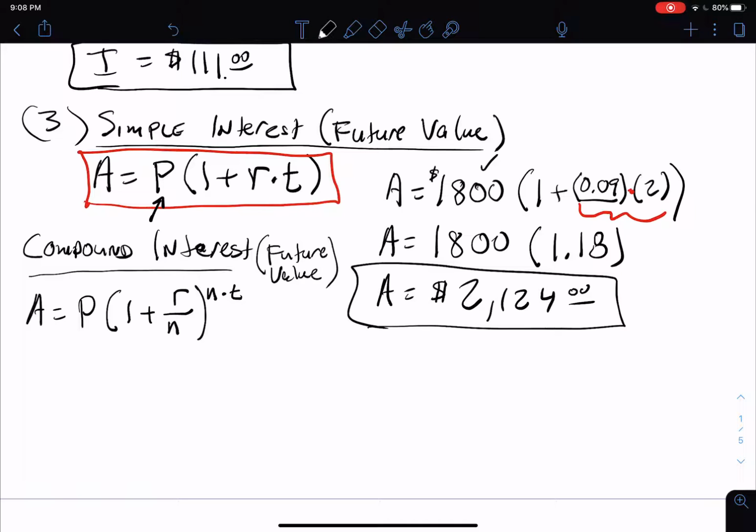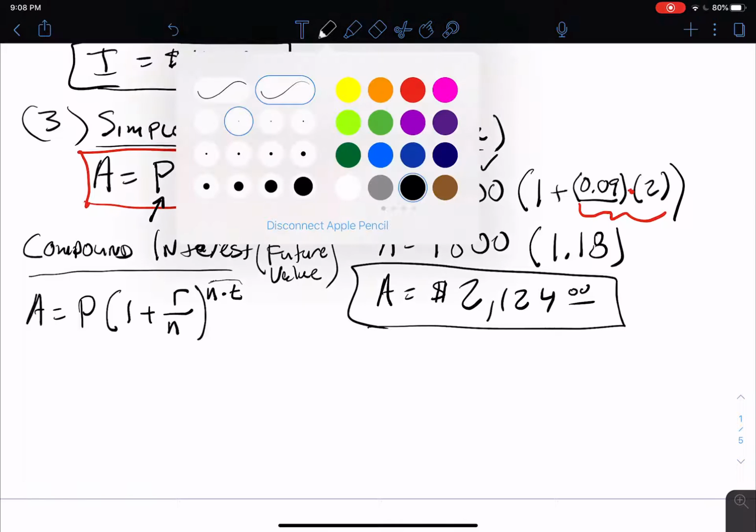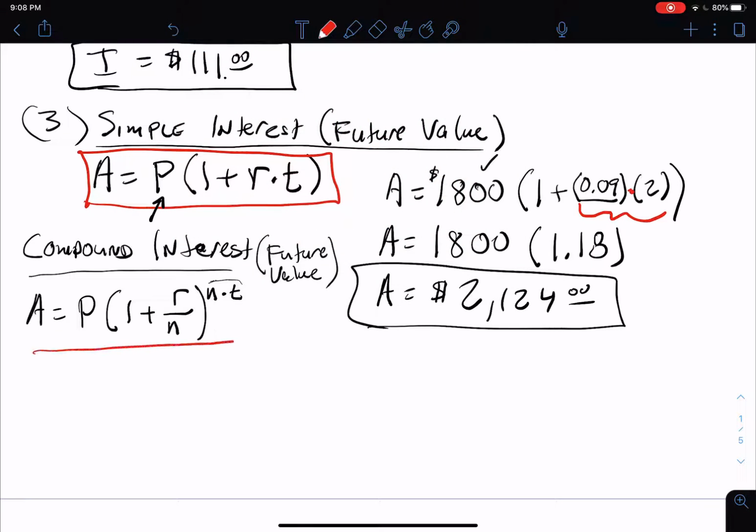It also shows another formula where they put an M here, and that's just the number of compound periods. But that's just going to be the compounding n. N is how many times it compounds a year, times t is how many years. So the compounding periods will be multiplying those two together. Let's put a little red box around that.